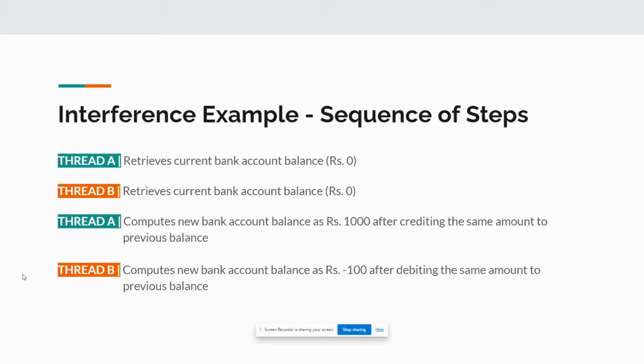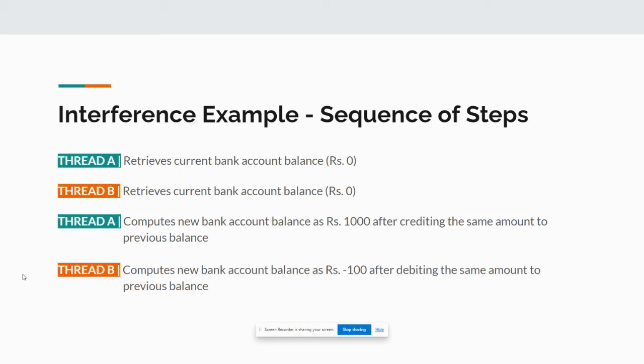Thread B does not share the same state as thread A; it has a separate state, and it computes its bank account balance variable, let's assume, as rupees minus 100 after deducting the withdrawal transaction amount. So then it becomes rupees minus 100. Let's just assume this is a current bank account with an overdraft facility.